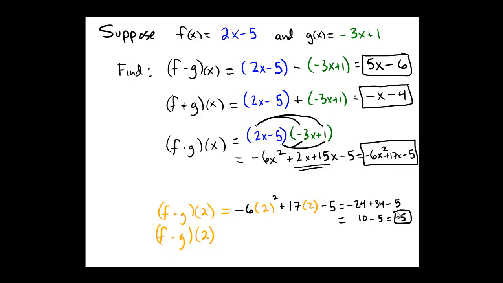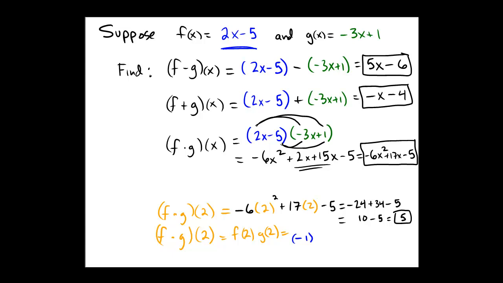But interestingly, that's one way to do it, by finding out what f times g of x was initially. We can also do this problem by simply finding out what f of 2 is and what g of 2 is, and multiplying those two pieces together separately. Notice f was 2x minus 5, so if we replace x with 2, 2 times 2 is 4, 4 minus 5 is negative 1.